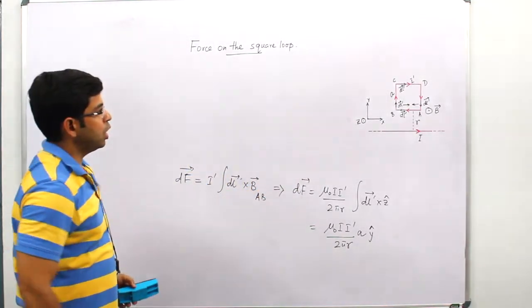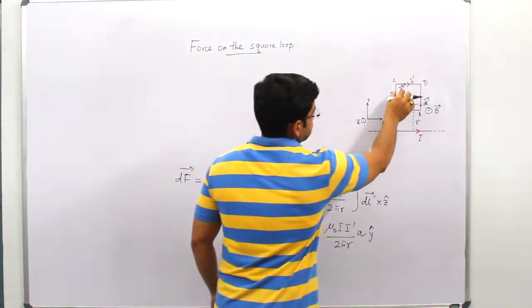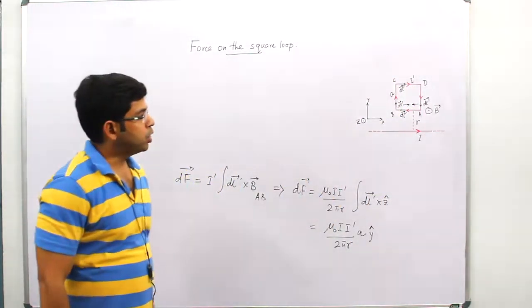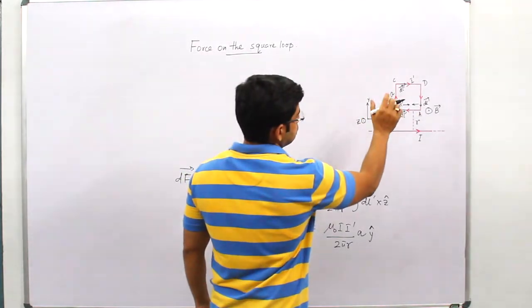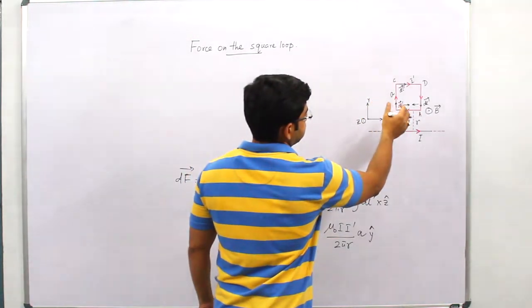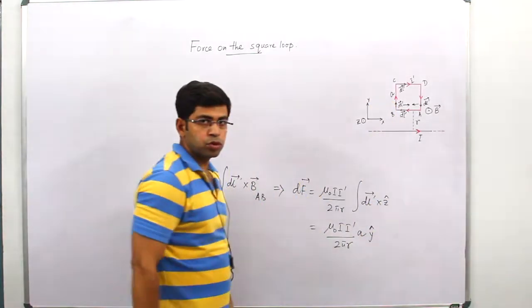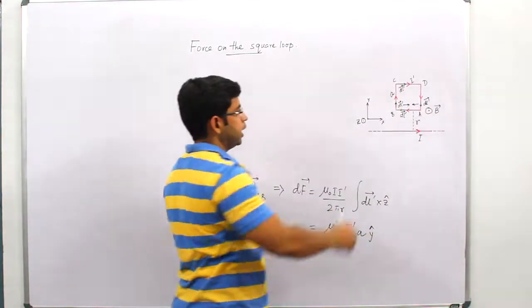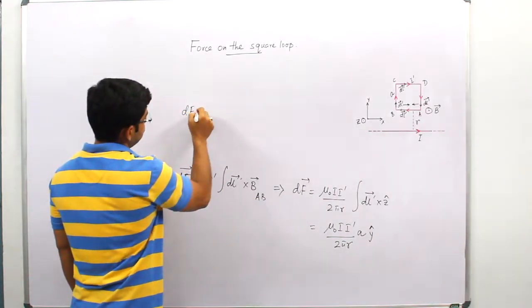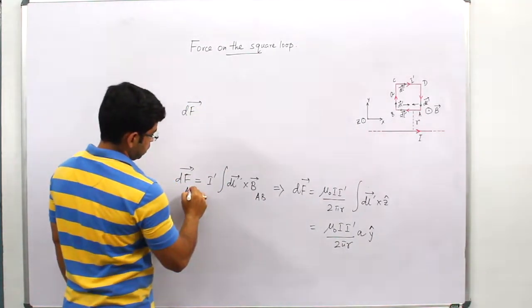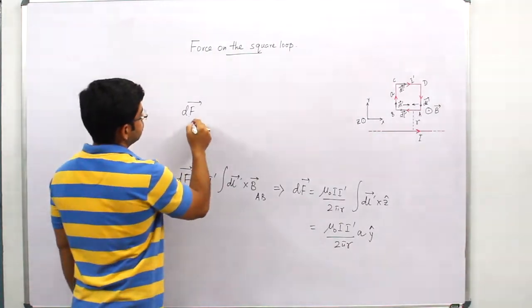Similarly, for the arm CD, here the length element dl prime points along the positive x direction. So dl cross this magnetic field vector B will give a force that will point along the negative y direction. So similar to this prescription, this one is for arm AB and this one is for arm CD.